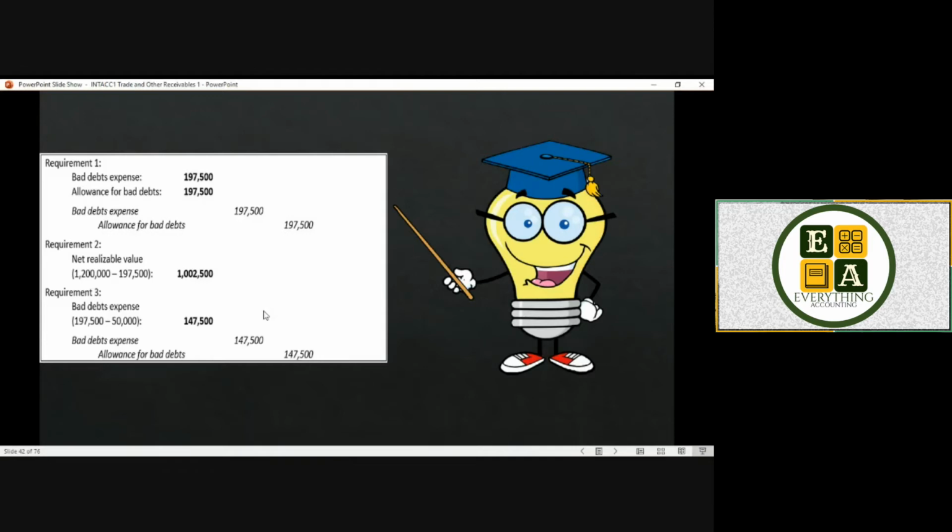So kailangan magdagdag ng 147,500. So sa journal entry, debit ka ng bad debts expense, credit ka ng allowance for bad debts, only for 147,500. Hindi yung buong 197,500. Okay, kasi nga dito yung assumption, may beginning balance.